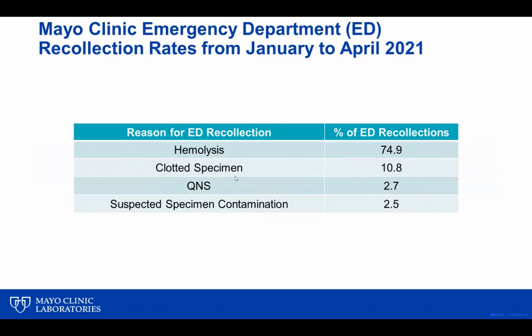Next, this is followed by clotted specimens with approximately 11% of reasons for recollections. And then we have both QNS and suspected specimen contamination that have very similar percentages of 2.7 and 2.5% respectively. So throughout the rest of the presentation, we'll discuss each of these pre-analytical variables in detail.